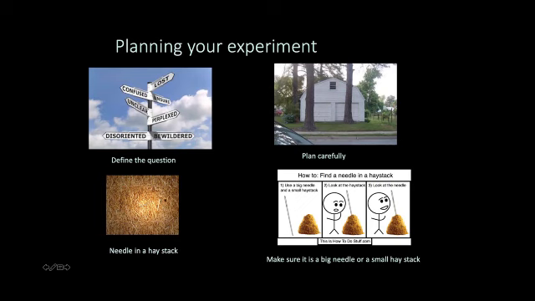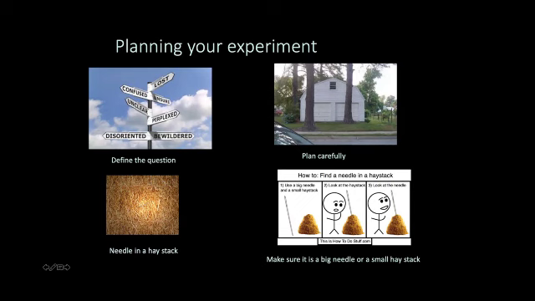You also don't want to look for a needle in a haystack. If you are transfecting proteins or mutating genes within your cell population, you want to make sure that you are affecting at least 75 to 80% of the cells in question so that you can find what it is you're looking for. If you've only transfected 10%, there's just no way to guarantee you're going to be able to find it.